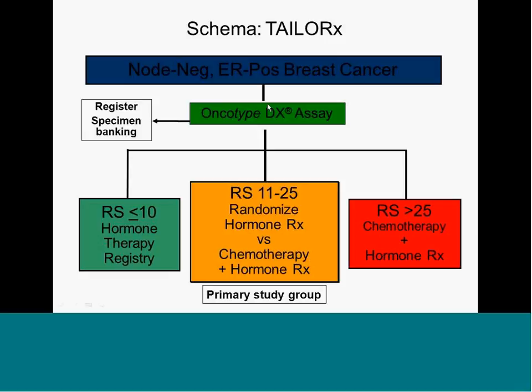So there is the TAILORx trial, which uses the Oncotype DX to randomize patients based on the recurrence risk to determine what kind of adjuvant therapy they get. So in order for a biomarker really to be clinically applicable, it has to be validated in a prospective manner, and this just shows you how far ahead the breast is of the colon.